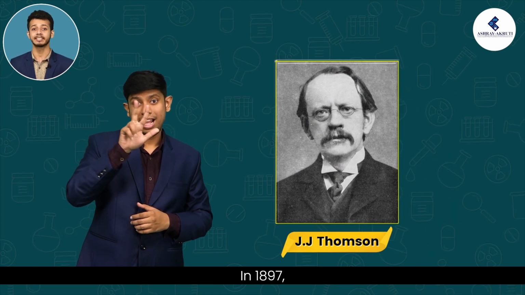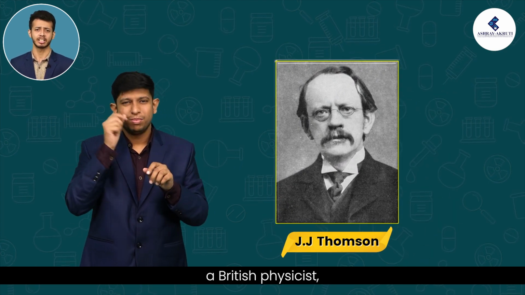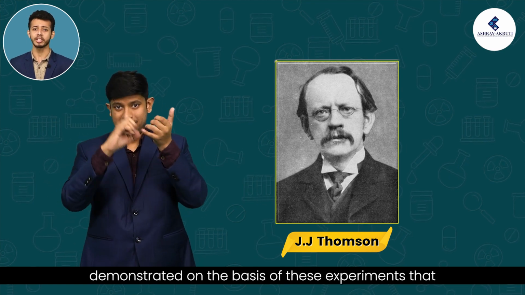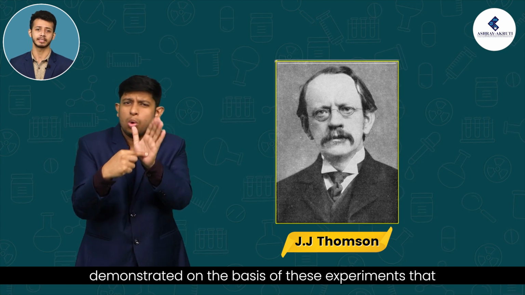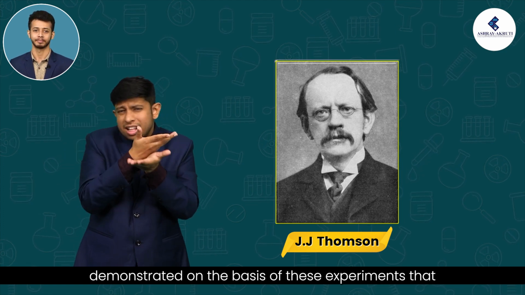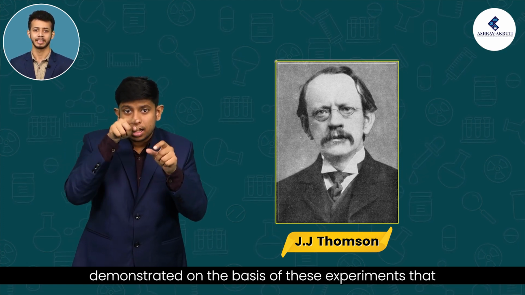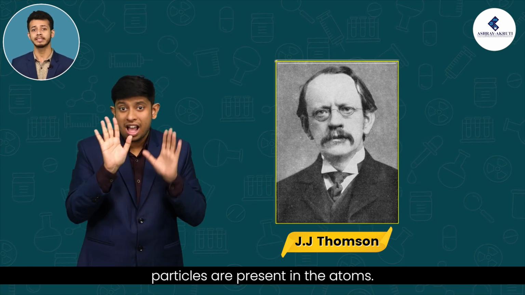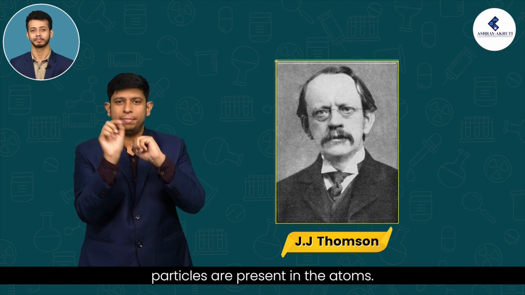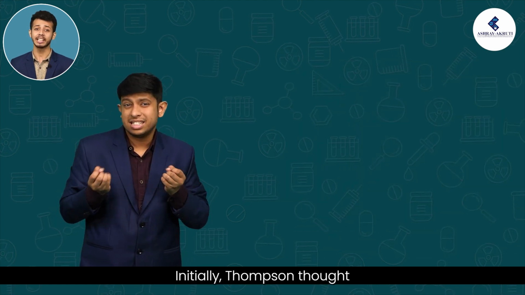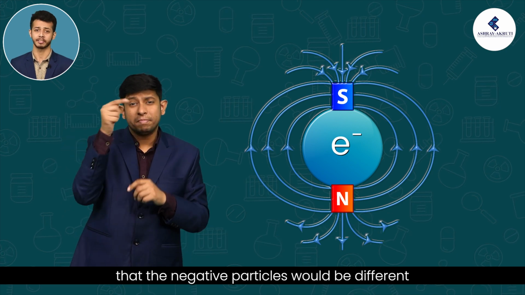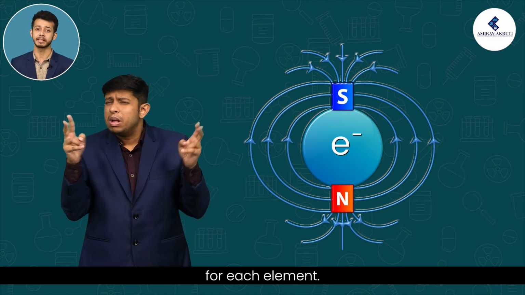In 1897, a British physicist, Joseph John Thomson, demonstrated on the basis of these experiments that negatively charged particles are present in the atoms. Initially, Thomson thought that the negative particles would be different for each element.